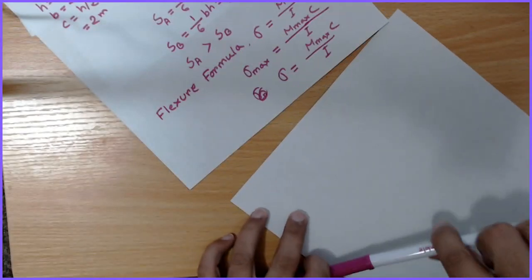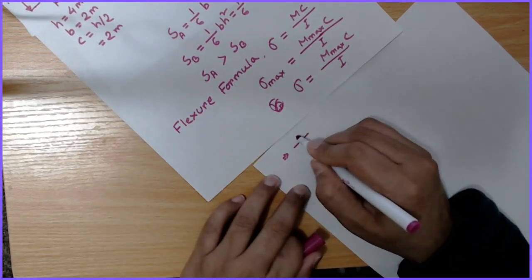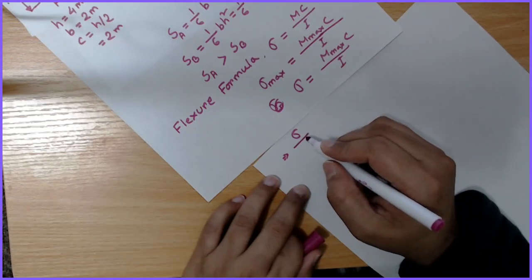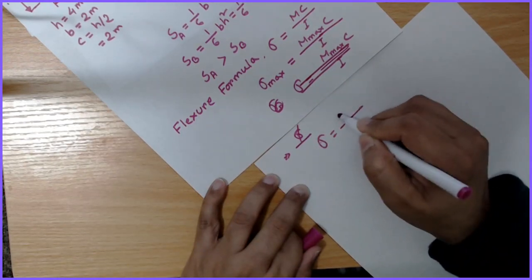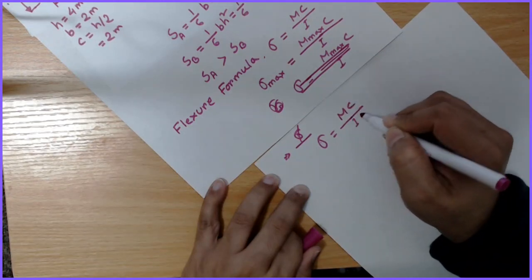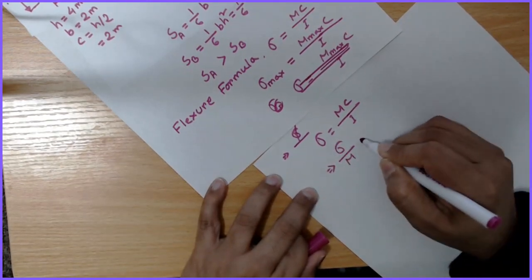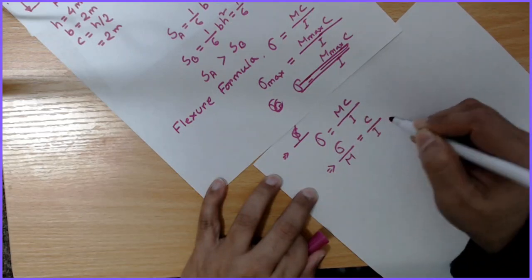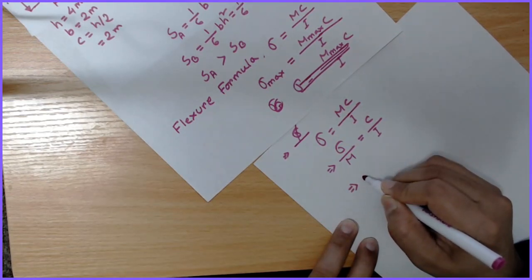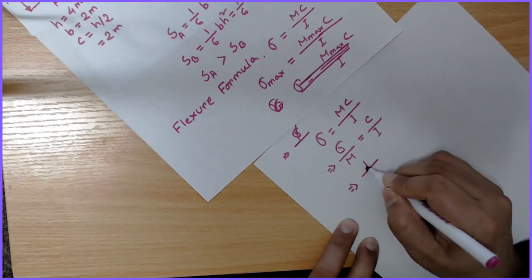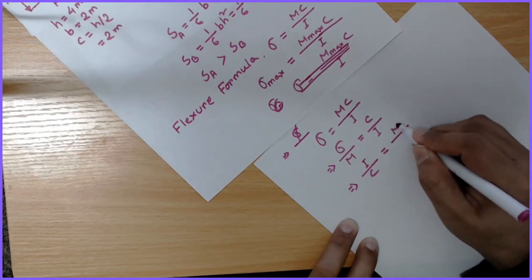So if we rearrange this equation, sigma equals Mc/I, we can write sigma by M equal to c divided by I. Then I divided by c equal to M divided by sigma.